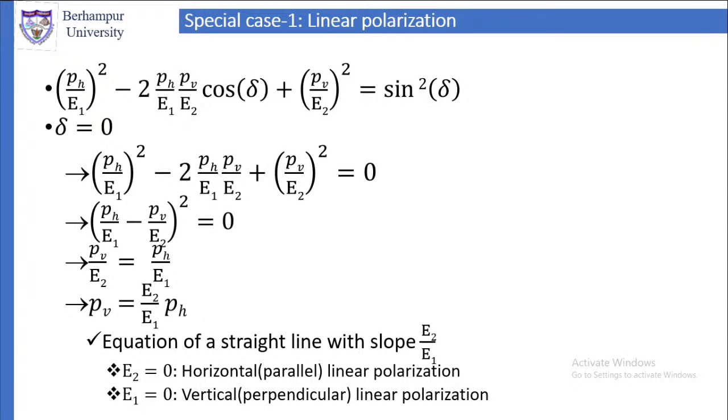So we have two types of linear polarization: one is horizontal linear polarization, one is vertical linear polarization. So we discussed linear polarization of a plane electromagnetic wave.